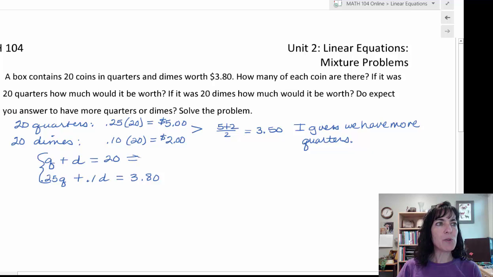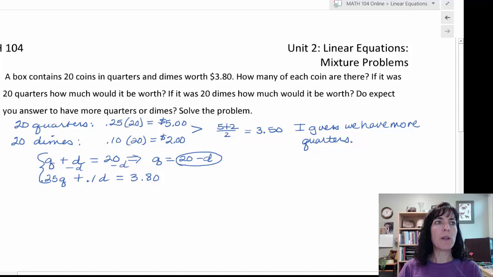I would like to solve this first equation for Q, because there's no coefficient and it'll be very easy to solve for. So Q equals 20, and remember I need to subtract D from both sides, so 20 minus D. That gives me a system that I can solve.